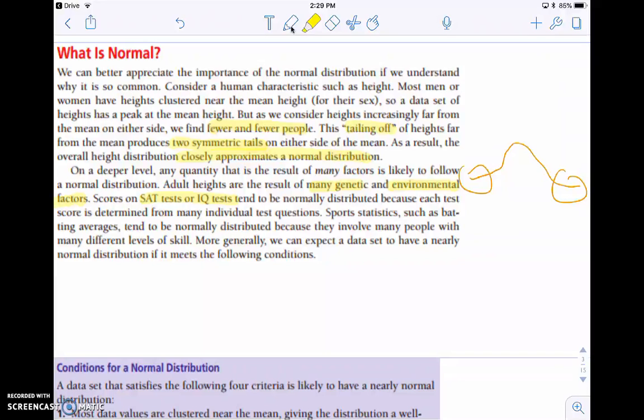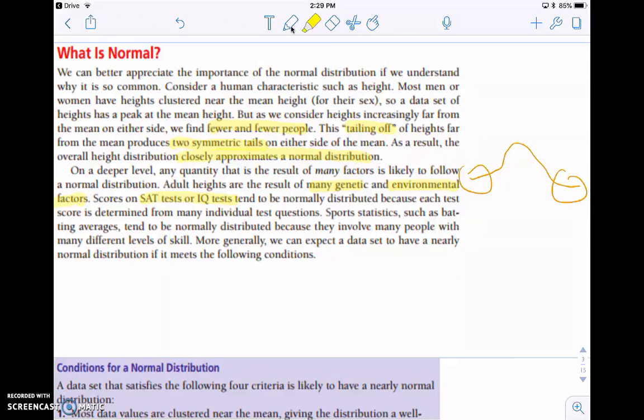They tend to be normal because each test score is determined by many individual test questions. So again, when there are a lot of factors going on, we tend to see a normal distribution. Even sports statistics such as batting averages in baseball tend to be normally distributed because there are so many people involved with so many different levels of skill.